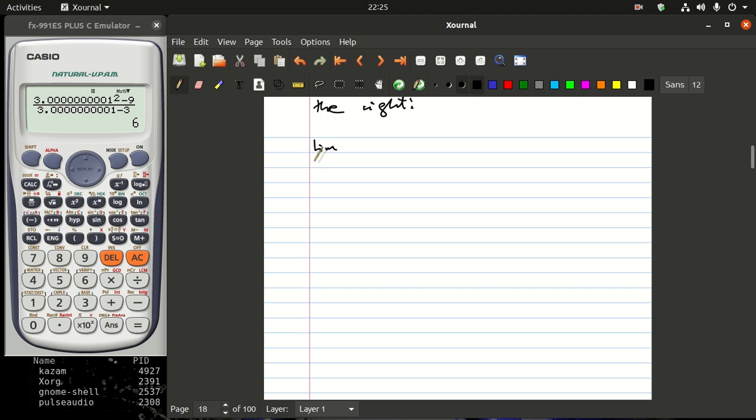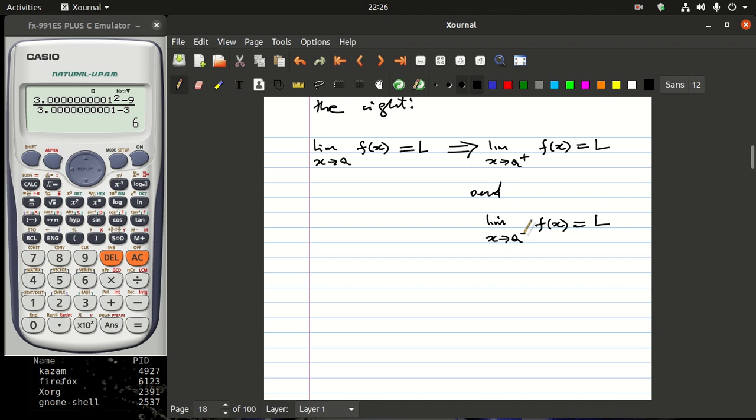If the limit as x approaches a from both sides of f of x is equal to L, this simply means that the limit as x approaches a on the right of f of x is equal to L, and it also means that the limit as x approaches a on the left of f of x is L. So if you know the limit already exists and is equal to some value L, you must know that by picking a point just on the left, the limit of that function is going to be L, and also on the right, plus means the right and minus means the left, the limit of f of x is also L. What that means is, if you know the limit of a function is equal to that, you must know these two limits exist by default.